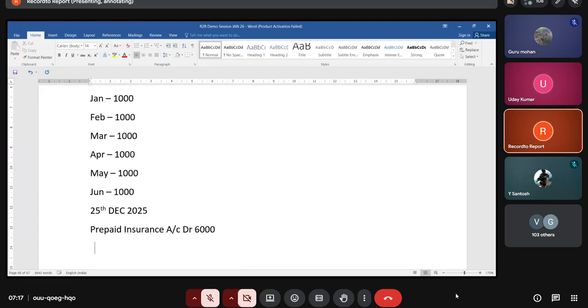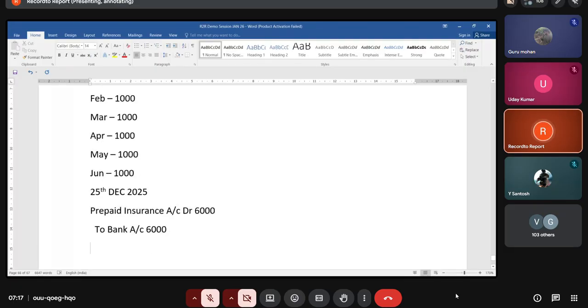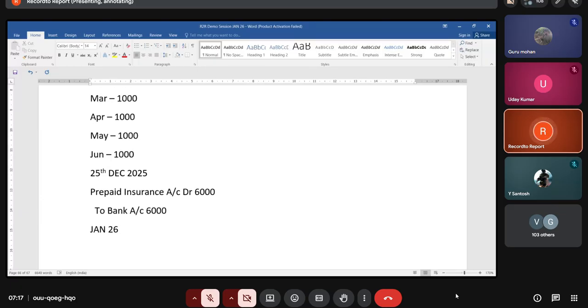Prepaid insurance to bank account. Understand the first entry?